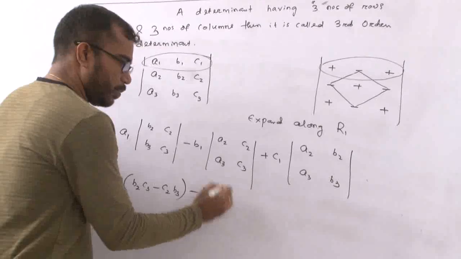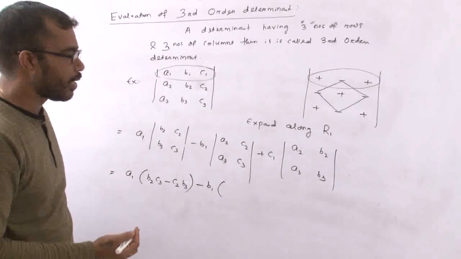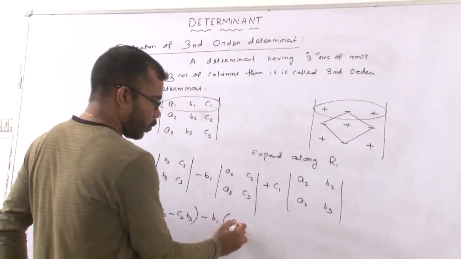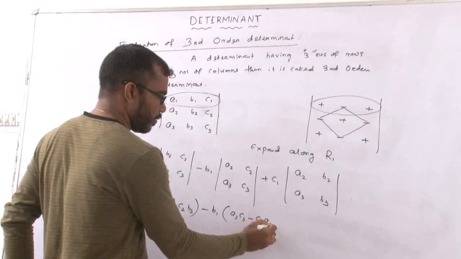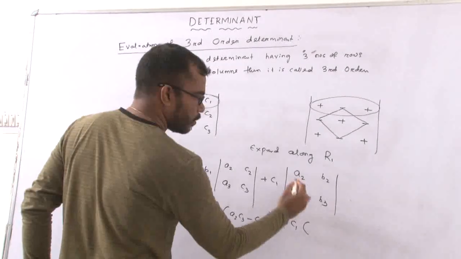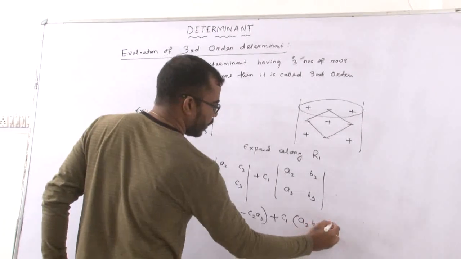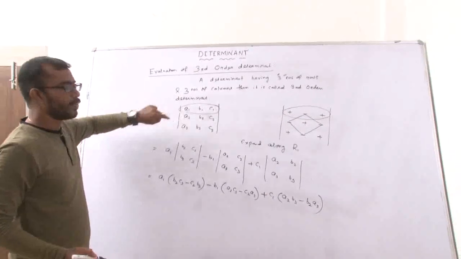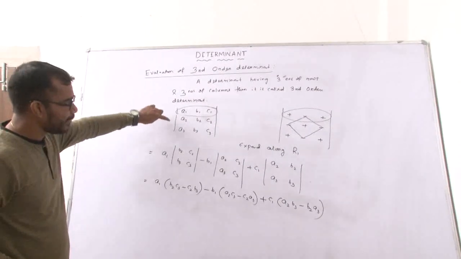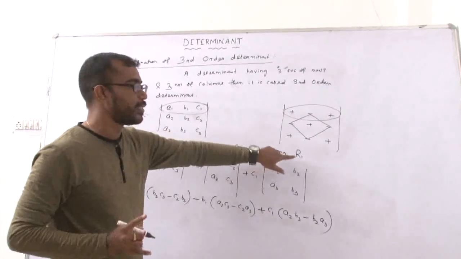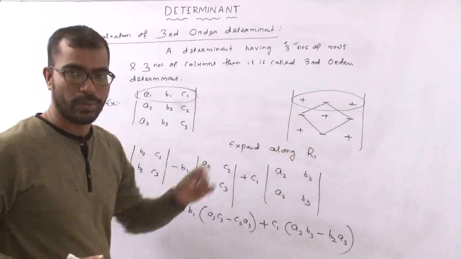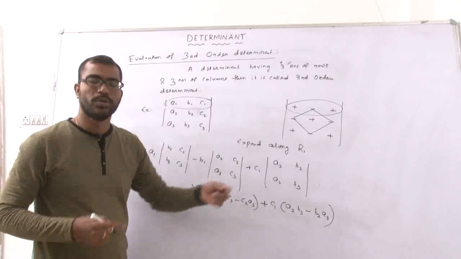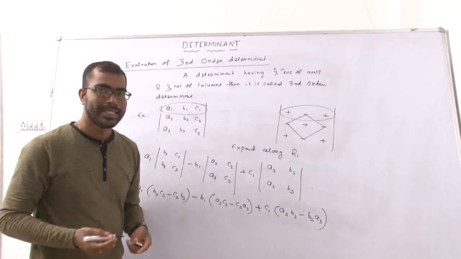Similarly, minus B1 into A2 C3 minus C2 A3, plus C1 into A2 B3 minus B2 A3. So here is the solution of the third order determinant, evaluated in one way, that is along R1. Similarly, you can expand along R2 or R3 or C1, C2 or C3.